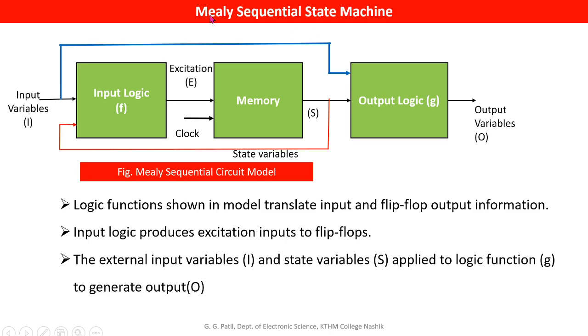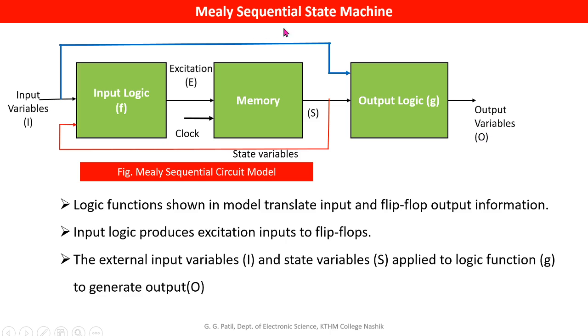And in a Mealy sequential state machine, another input to the output logic is given from here, that is input I. So the output logic has two inputs, one is the state variable input and another is the input variable I. Taking these two inputs into consideration, it generates the proper output, shown by the letter O, output variables O.